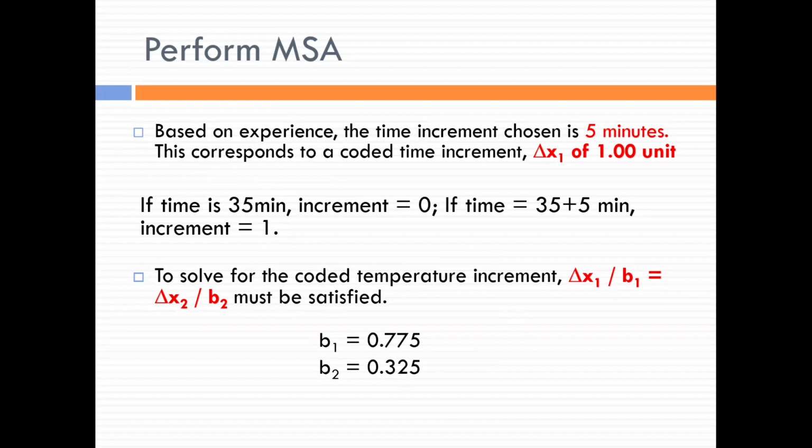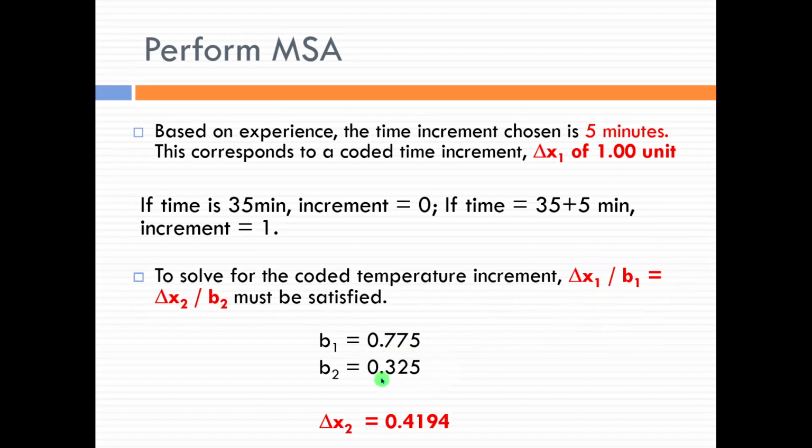Okay, to solve for the coded temperature increments, we will use this ratio formula. Delta x1 over b1 is equal to delta x2 over b2. Okay, so delta x1 is equal to 1, so that's 1 over 0.775.